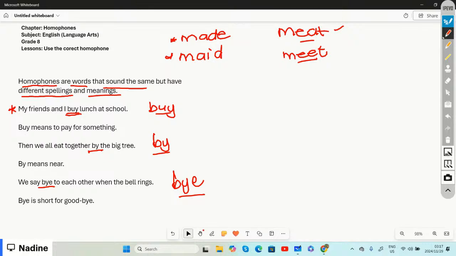So it's the food that we eat. And in this word meet, it's where you are meeting up with someone, you're coming together. So that is meet.